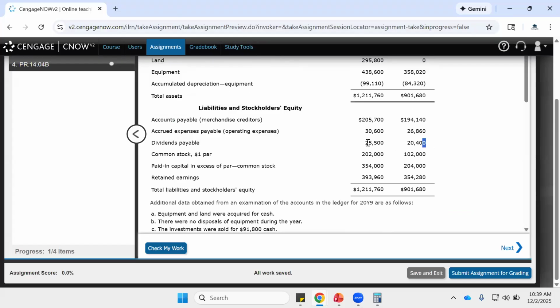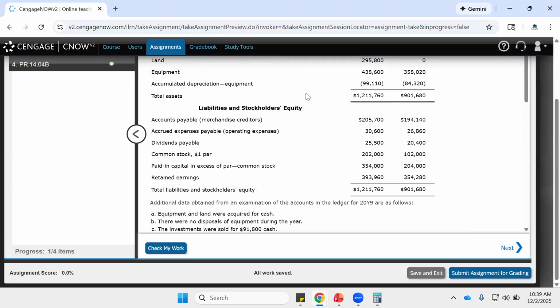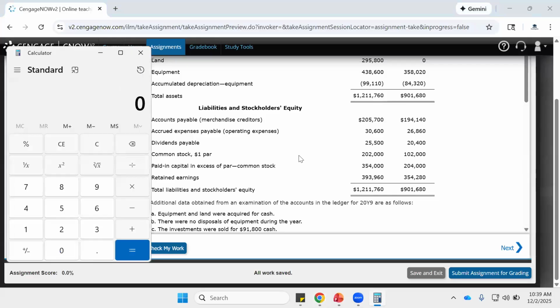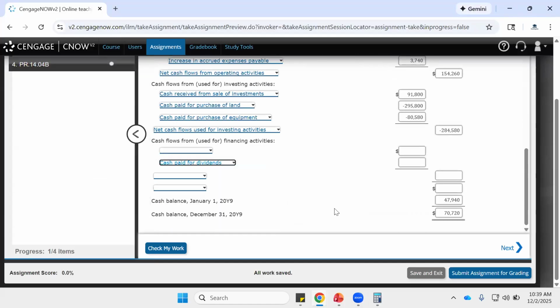And so our dividends payable balance also changed throughout the year. This didn't appear in operating cash flows, even though it's a current liability, because it's not related to operating cash flows. It's a financing cash flow. And so we'll start with the dividends, cash paid for dividends.